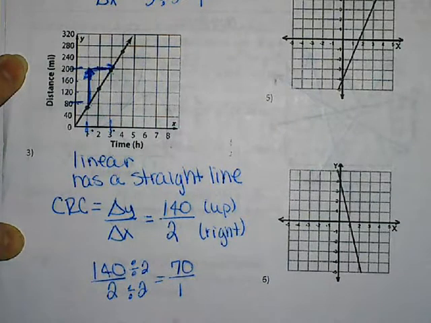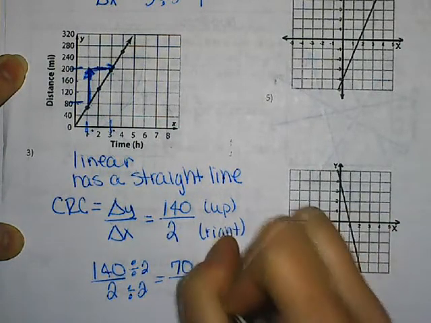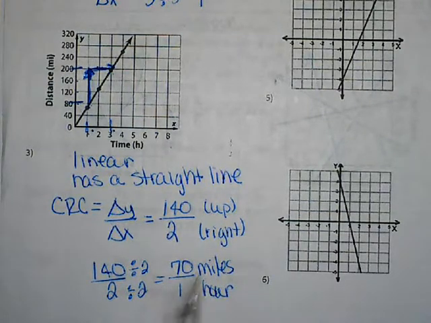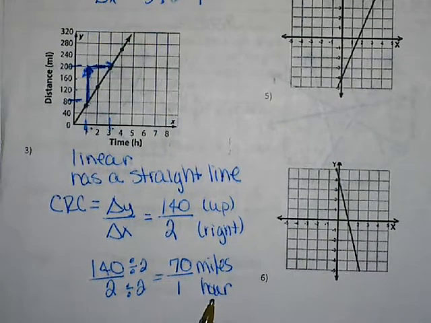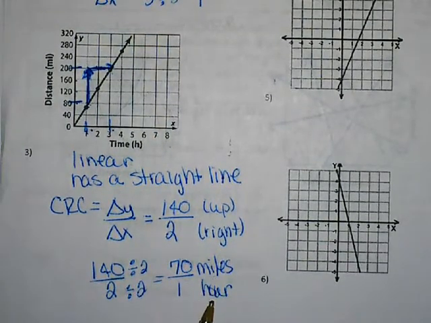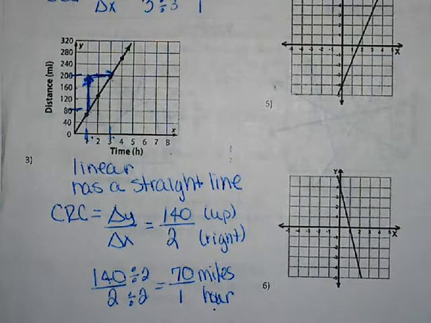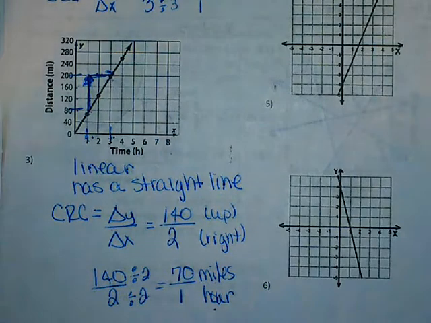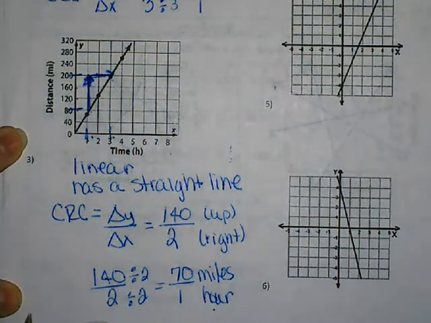Your constant rate of change is 70 miles in 1 hour. I can use the y and x-axis labels to determine the miles and the hours if labels are given. Let's go back and review those steps. Step number 1, is it a straight line?